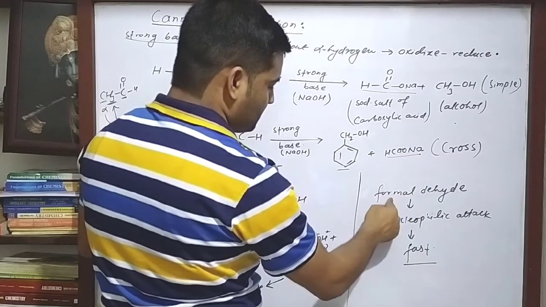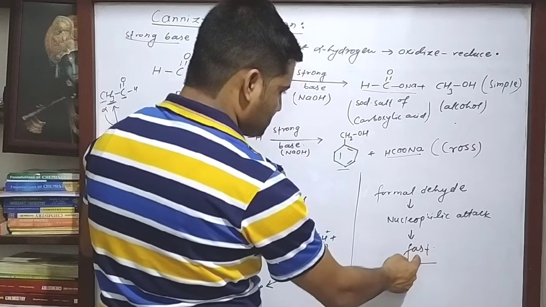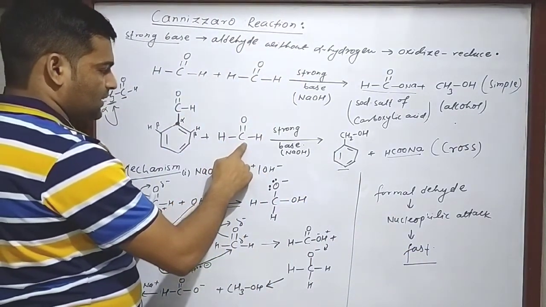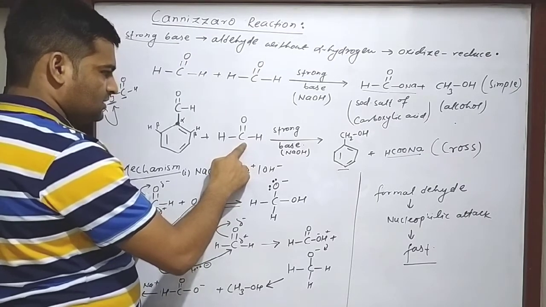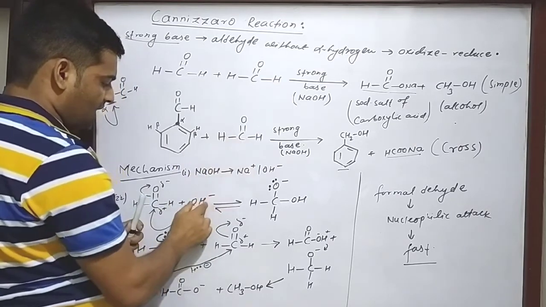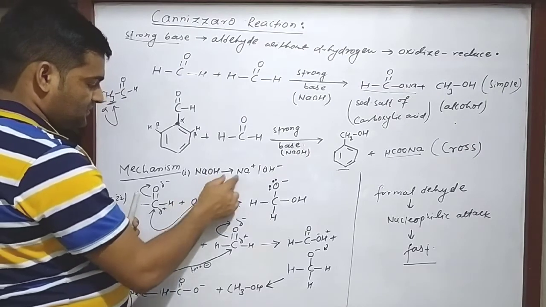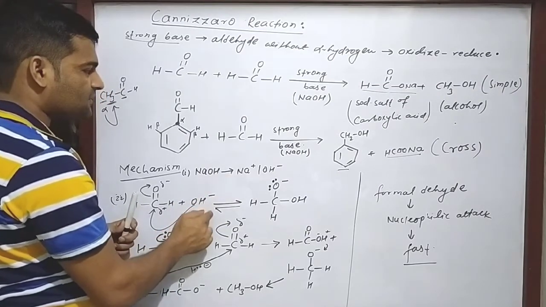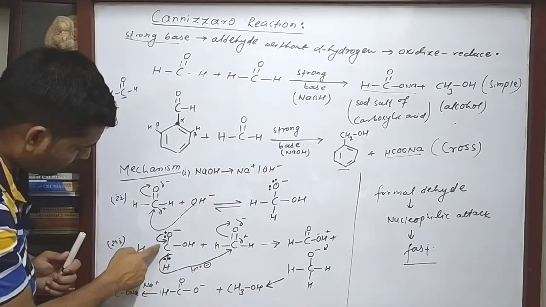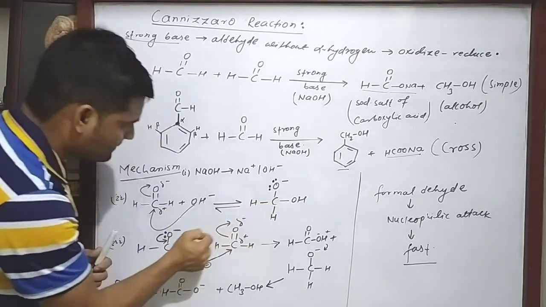And why? Because in formaldehyde nucleophilic attack is fast. Therefore in the first step, in these two molecules, the hydroxide ion obtained from the base always attacks formaldehyde first, and the molecule in which hydroxide attacks first gives the carboxylic acid.